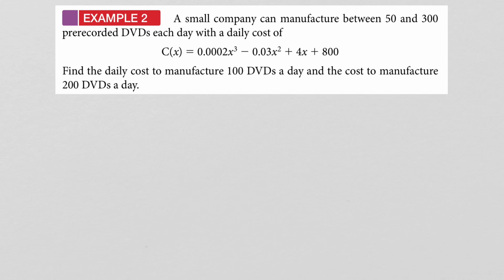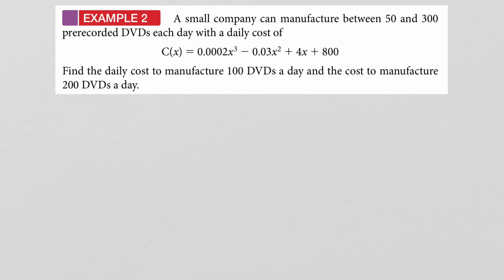In our next example, a small company can manufacture between 50 and 300 pre-recorded DVDs each day with a daily cost of C of x equal to this polynomial. Find the daily cost to manufacture 100 DVDs a day and the cost to manufacture 200 DVDs in a day.